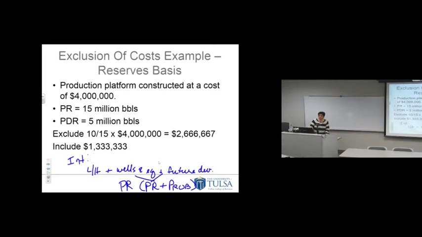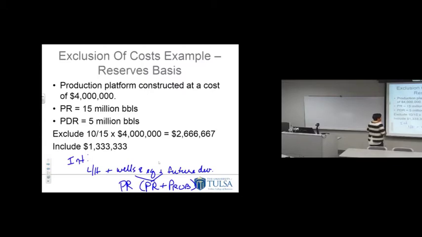So in other words, this is not an issue in international GAAP because we're not writing equipment cost off over just proved developed reserves like we are in the U.S. This is an issue in the U.S. because our equipment cost, including that platform, are being written off over proved developed reserves.